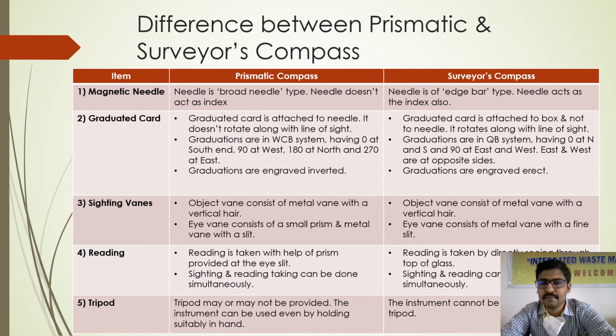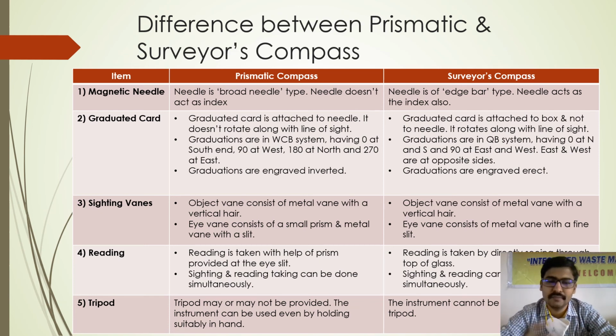In case of Surveyor's compass, and graduations are in whole circle bearing system in prismatic compass, where 0 degree is written at the south and 180 degree is written on the north side, and the west side has 90 degree written and the east side has 270 degree written.